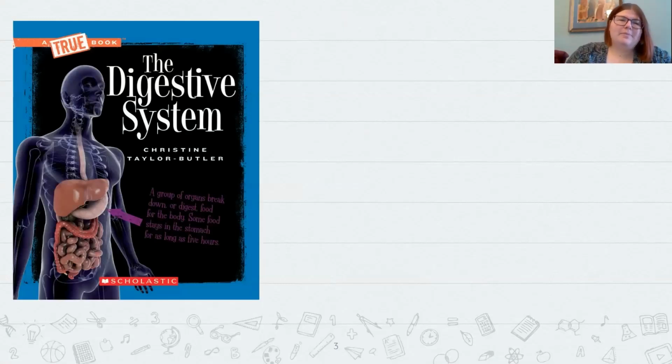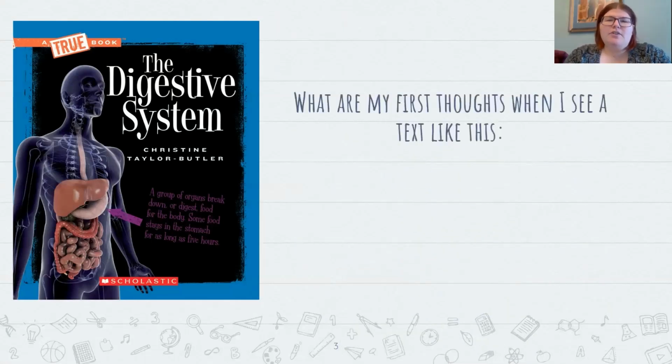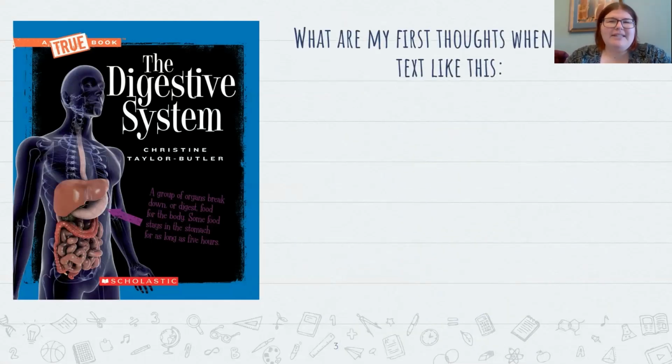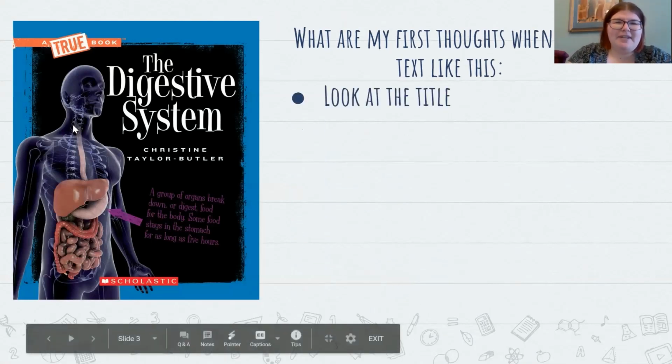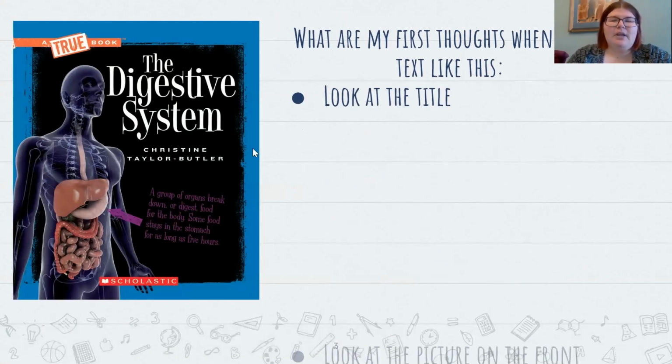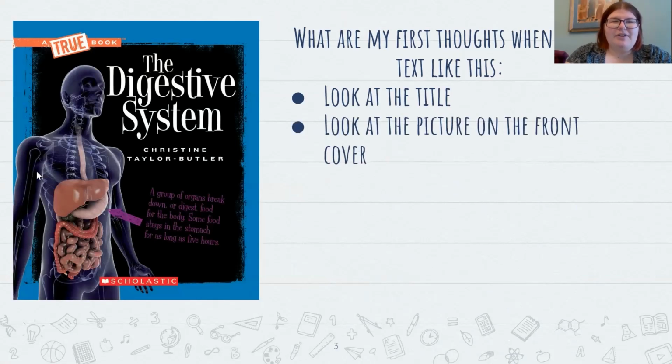So there's this book called The Digestive System, okay? So what are my first thoughts when I see a text like this? Well, my first thing is I'm looking at the title right here, and I see that the author is Christine Taylor Butler, okay? I also noticed right away there's a picture on the front cover and some purple text here that talks to me. It says a group of organs break down or digest food for the body.